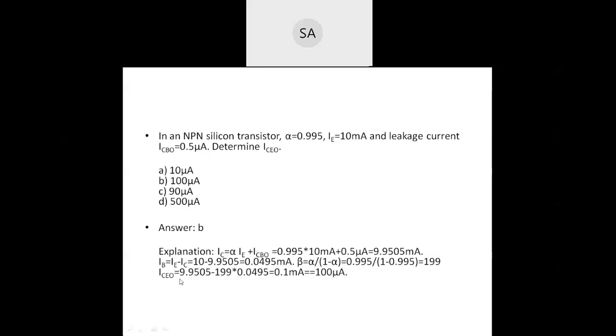So ICEO is equal to IC minus beta IB, and you will get 100 microamperes. So the option is B.